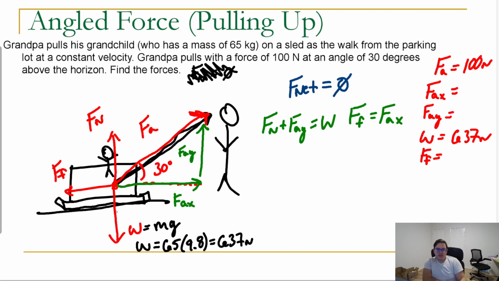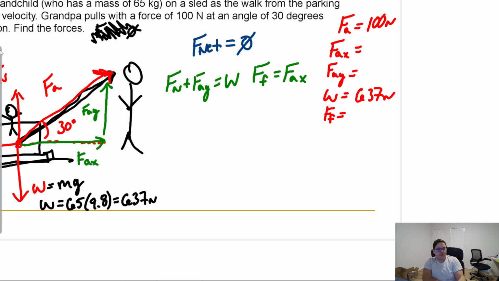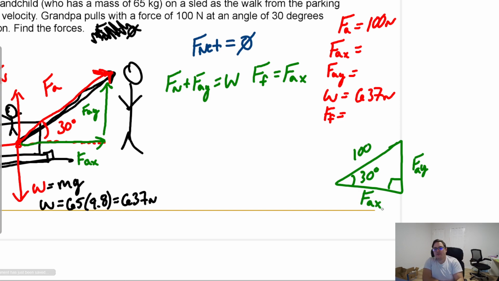Alright. Let's draw our trig triangle. Our angle is 30 degrees. We know this is 100. So finding Fy, force applied in the y direction, and force applied in the x direction, we just do some simple trig. One's going to be sine, and that's force applied in the y.